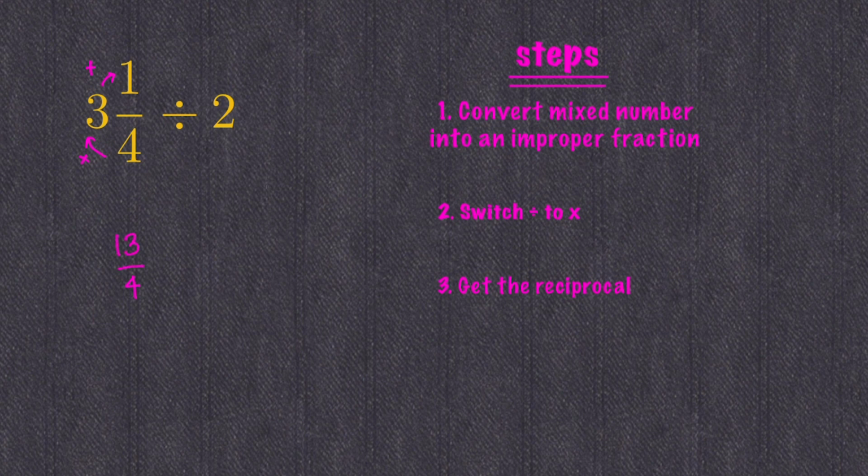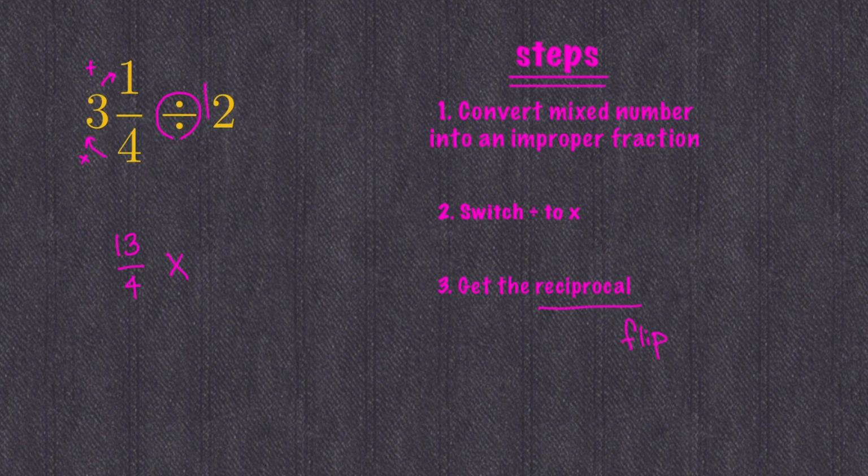So the mixed number that we had, 3 and 1/4, when we convert it to an improper fraction, becomes 13 over 4. Now step 2 says to switch the division sign to times. So this division sign that we have over here, we write it as times. And last step, to get the reciprocal, is to flip.